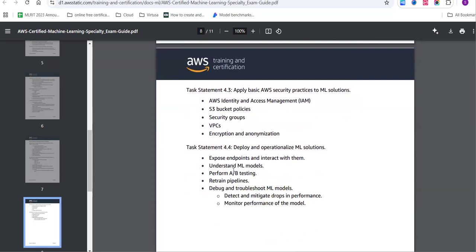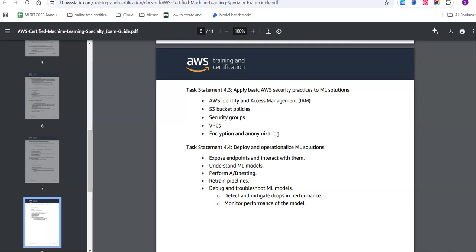And coming to security, security is very important. So in order to implement security, we need to understand all these concepts like IAM service related concepts, S3 related concepts, as well as VPC related concepts, security groups, as well as encryption related concepts.